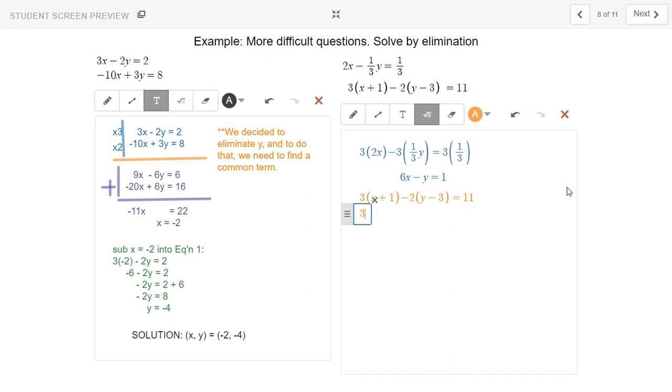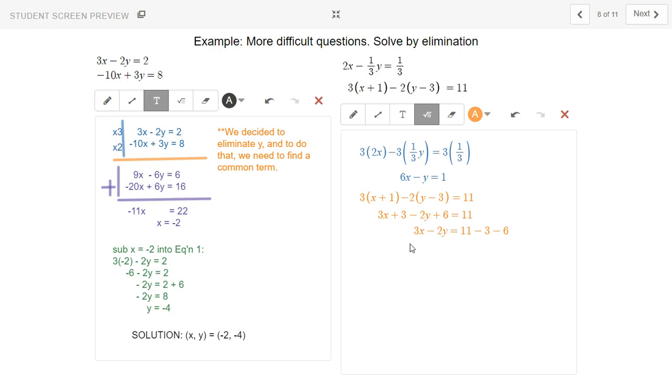Let's simplify it. 3x plus 3 minus 2y plus 6 equals 11. Let's keep simplifying. 3x minus 2y is equal to 11 minus 3 minus 6.